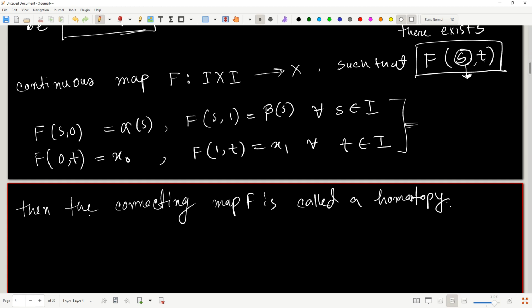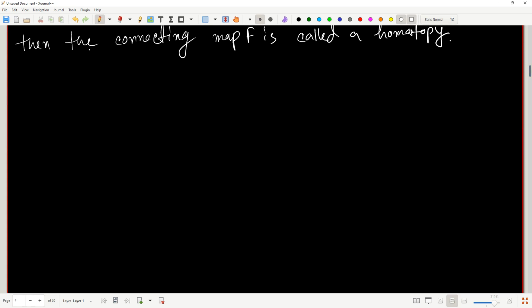Now, what all this mathematical jargon means, let's have an intuitive feel for it. The intuitive idea of homotopy.